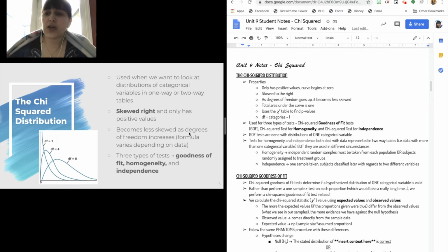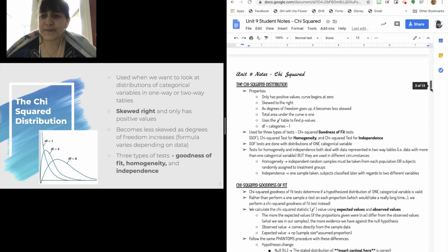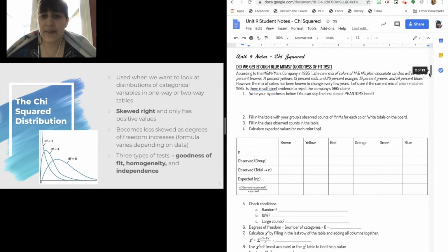Goodness of fit would be more like the M&M problem, which I have up here, where you only have one category. The category is color. You're just looking at the number of M&Ms in each category, essentially.